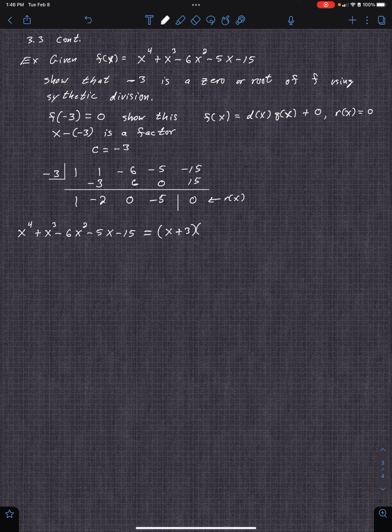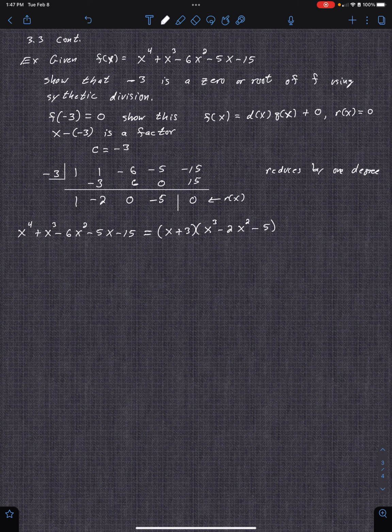Well, you always want to know that this reduces by 1 degree. So when you do that, you get x cubed minus 2x squared, and you can say plus 0x if you want, or just say minus 5. So that's how it factors.